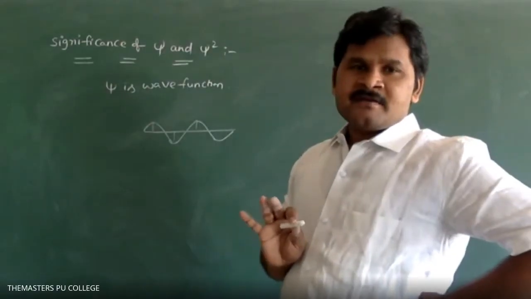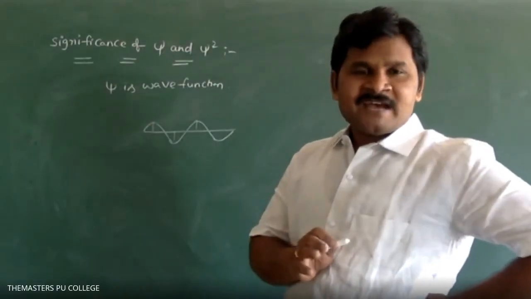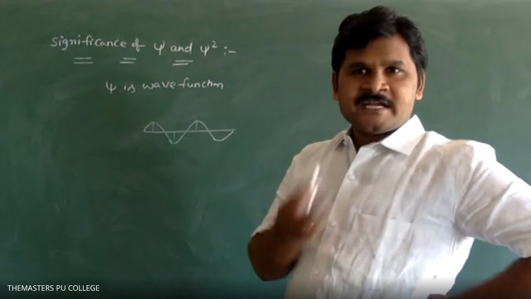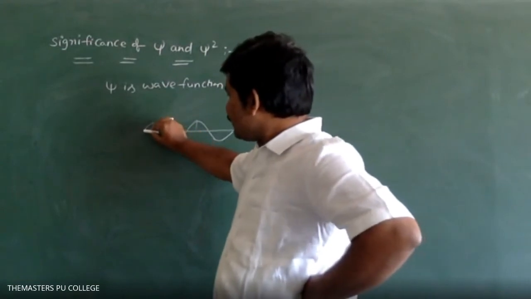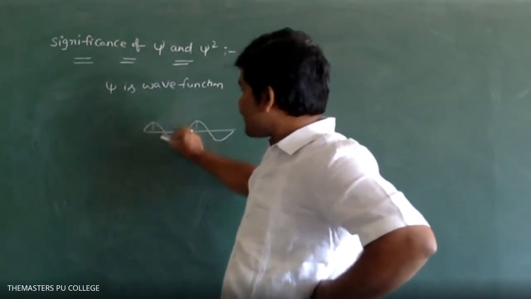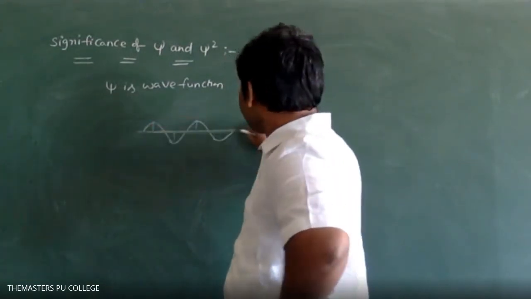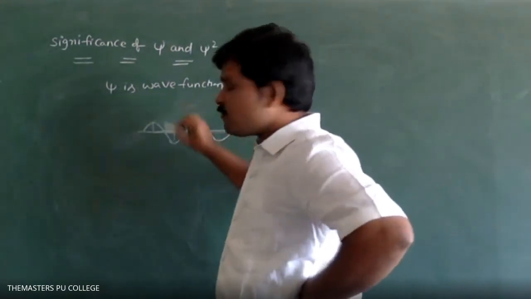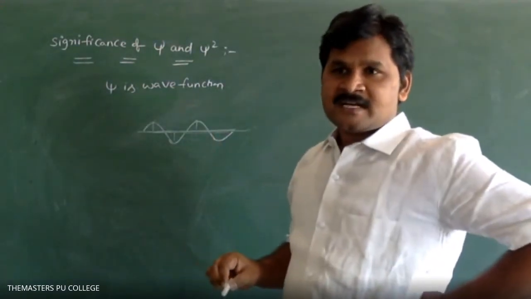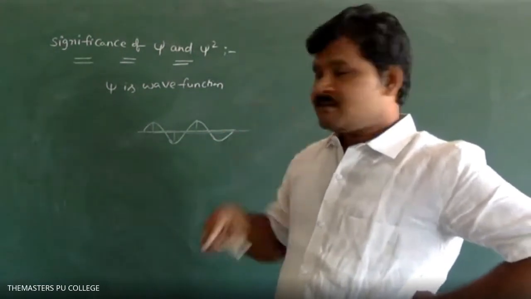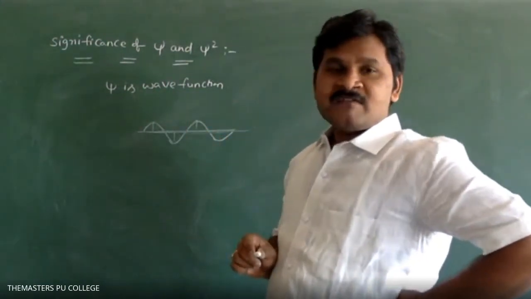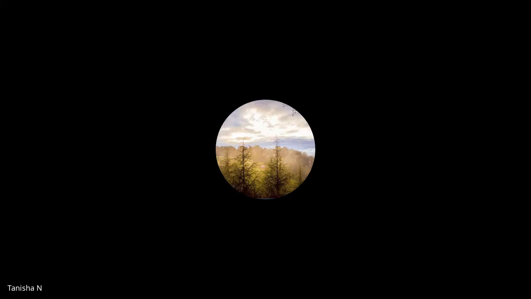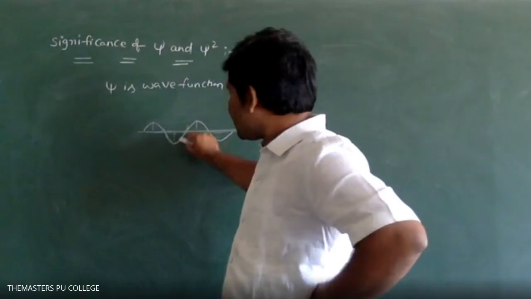See, wave function values are positive, negative, or zero. When will we get positive? If the wave is present above the axis, this is the axis, at the height of the amplitude, then we take the psi value as positive. When will we take negative?